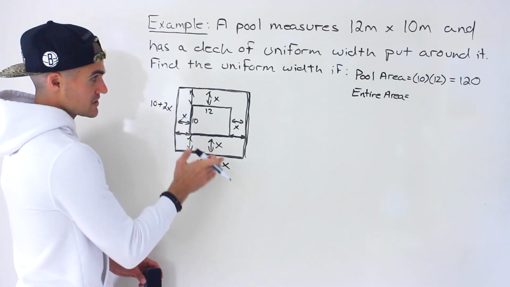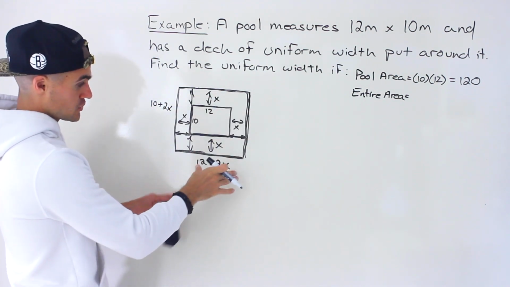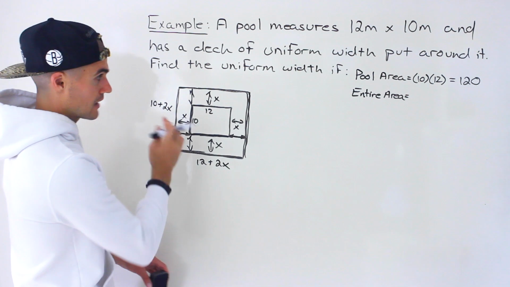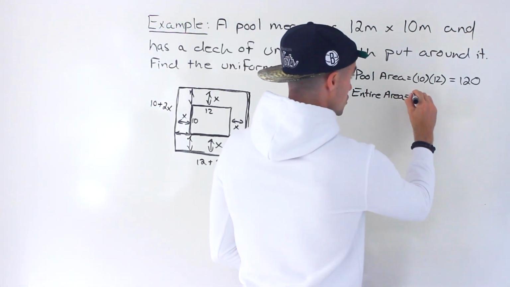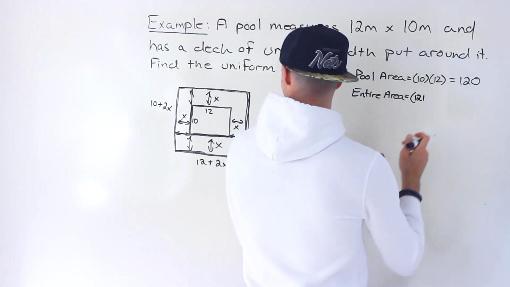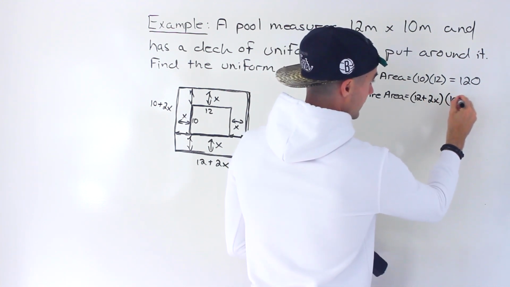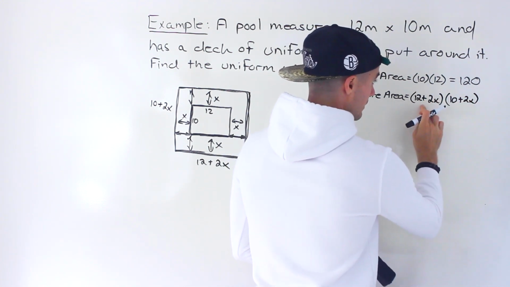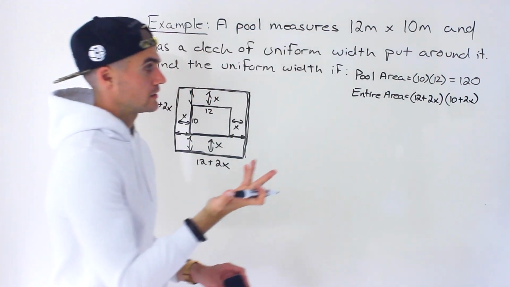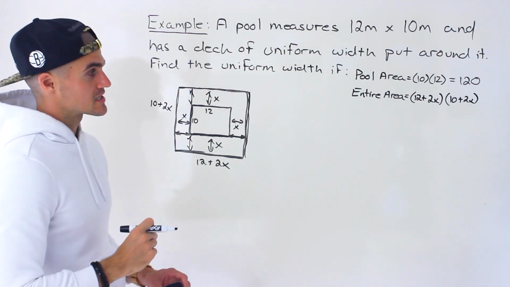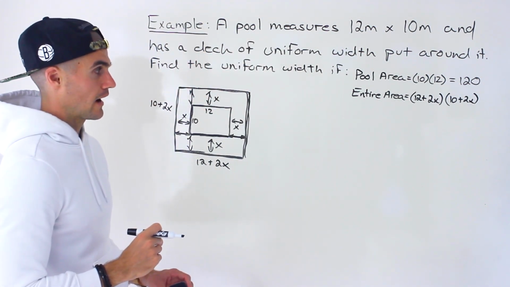So notice that we can get an expression for this entire area by just taking the length times the width. So it's going to be 12 plus 2x times 10 plus 2x, right? Length times width right there. So that is the expression for the entire area.